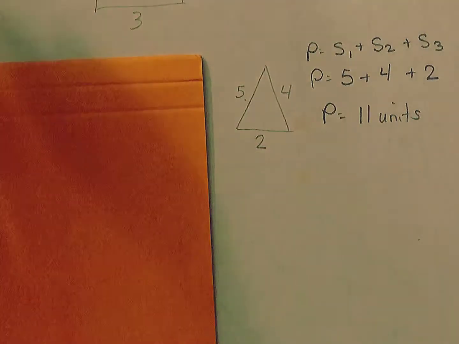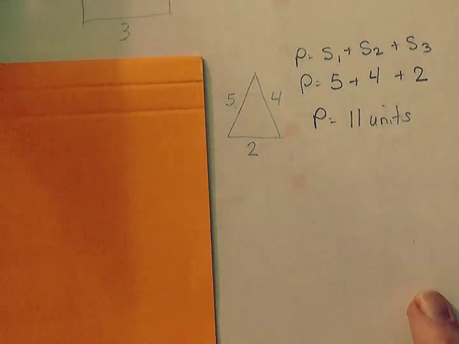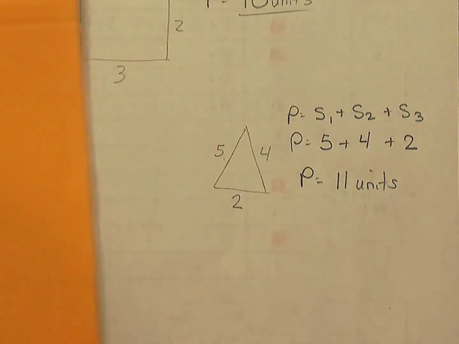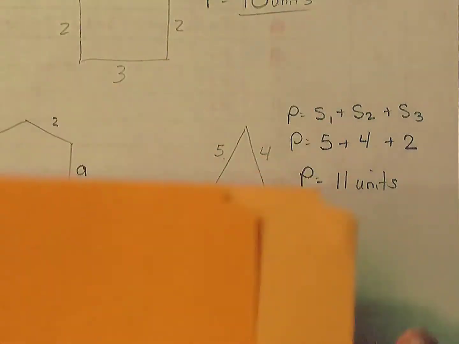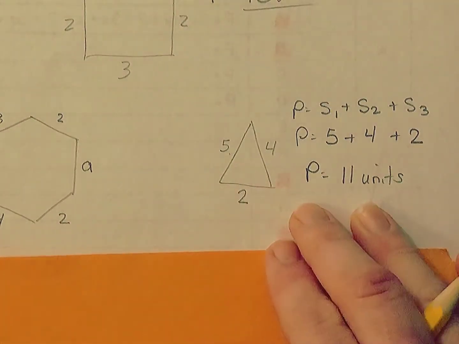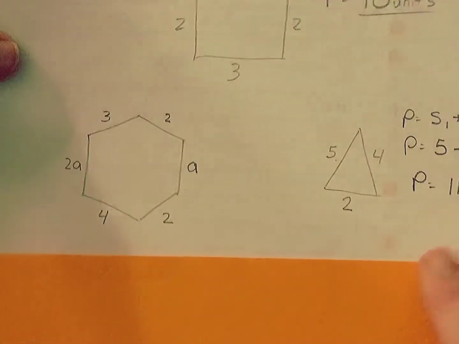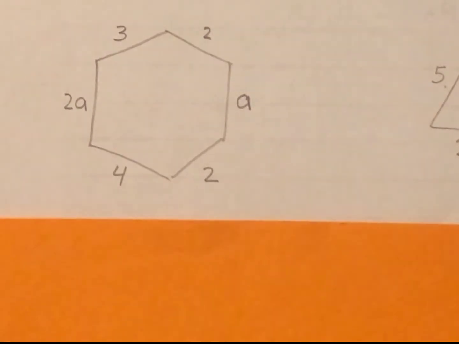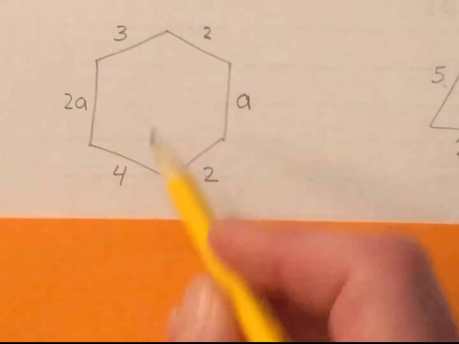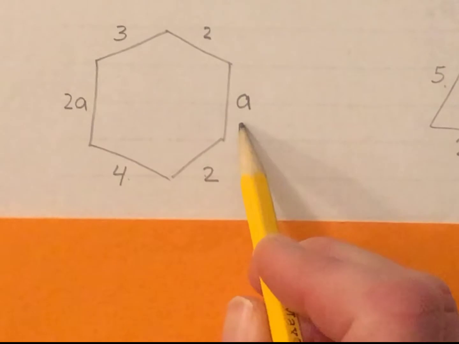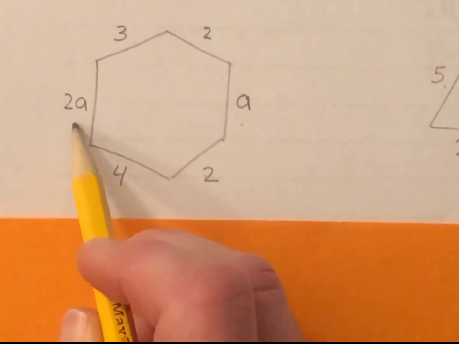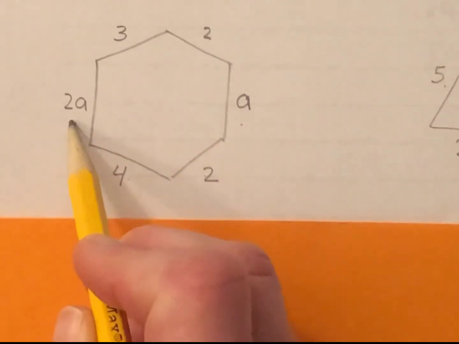Now sometimes you don't know exactly what the length of the side is. And so you might give it a name, a variable. So we know this is 2, and this is 2, and this is 3, and this is 4. We're not sure what this is. We'll call it A. We know this is twice the length of this, so we're going to call it 2A.